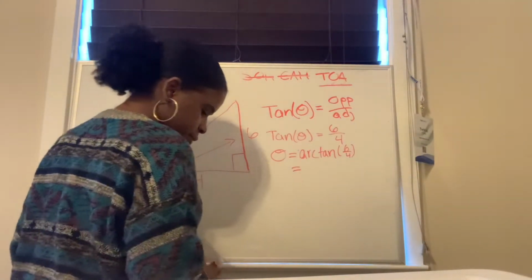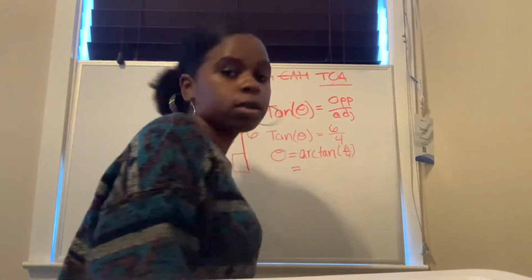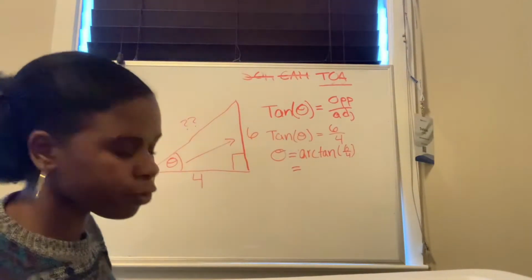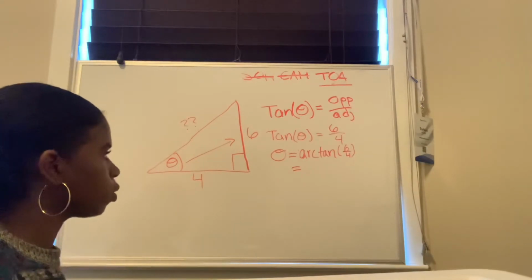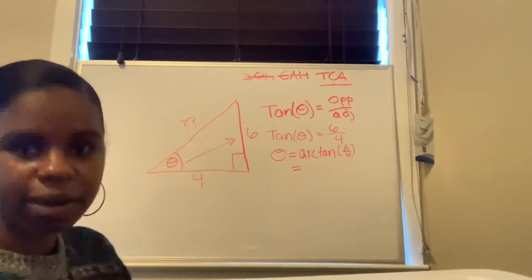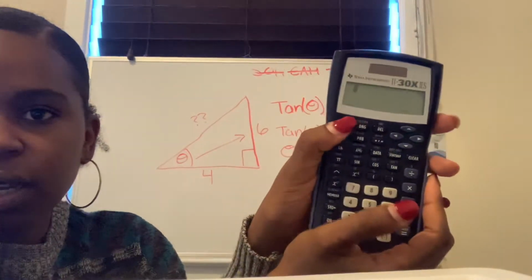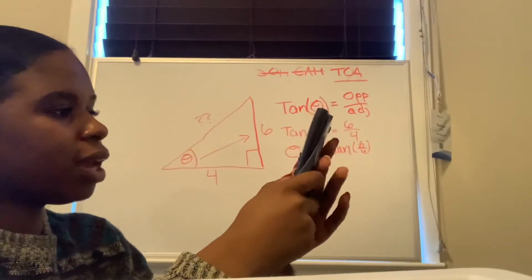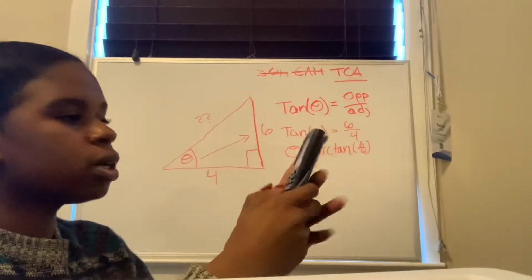Okay, let's find out. What is the arctan of 6/4? Or let's see, 1.5. Okay, clear out the second button. Y'all, please do not drag me for my nails. I'm going to get them done. The tangent button, so you get the tan, arctan.